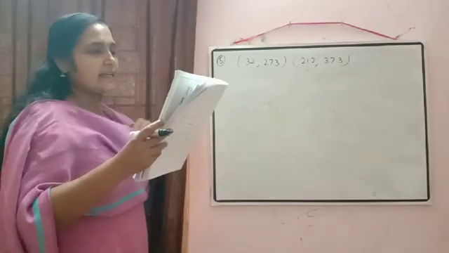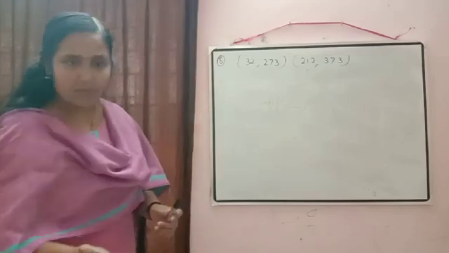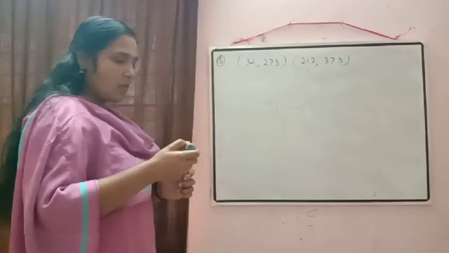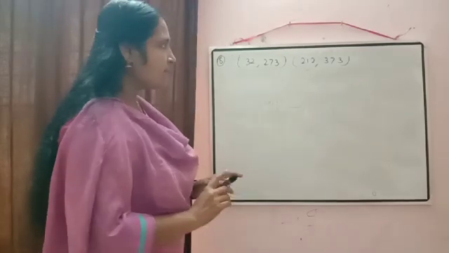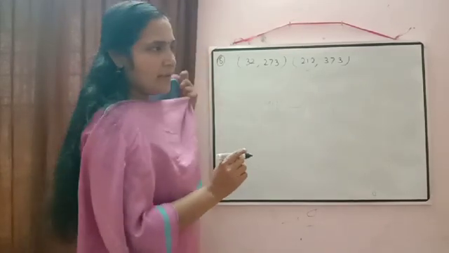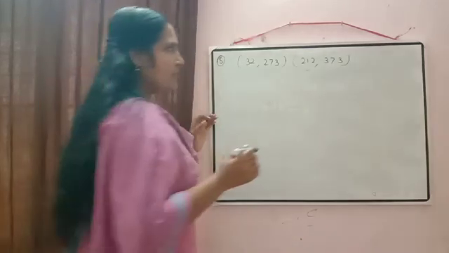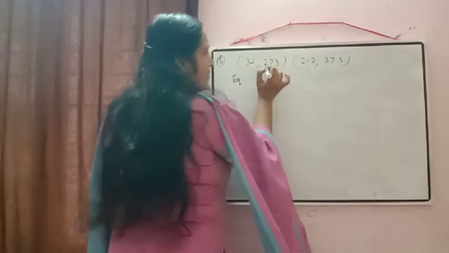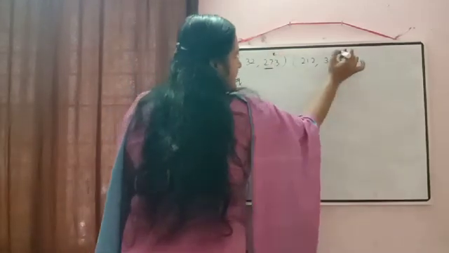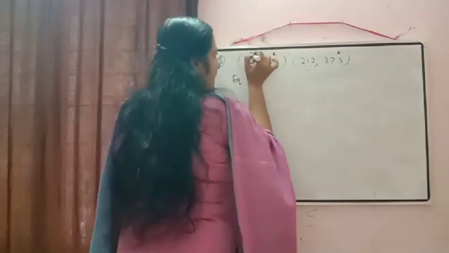Now it is written, express K in terms of F. Normally the equation we write is y minus y1 is equal to m into x minus x1. But in place of x and y we have the variables K and F. In place of y we have taken the absolute temperature K and this is the Fahrenheit temperature.